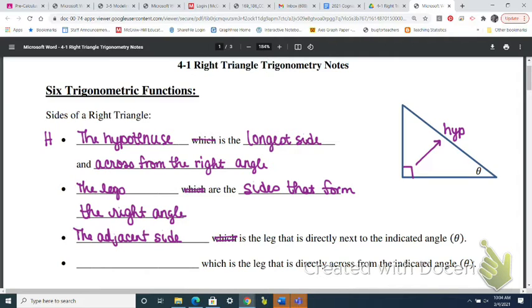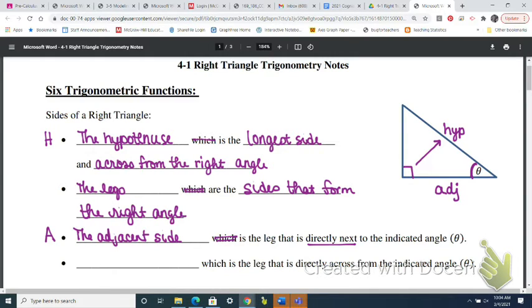And that is the leg that is directly next to the indicated angle. We think of that as like our next door neighbor, the ones we share a property line with. It's touching the angle. And we will label that with an A or ADJ. So the adjacent is this one right here. It's the one that touches the angle.